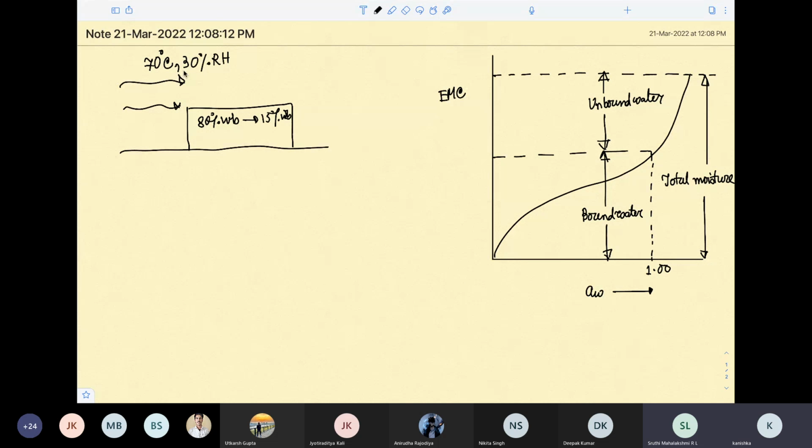See, if you have 30% RH, I am taking this example, so the water activity of the food, let's say it will be 0.3, let's say 0.2, 0.3, something like that. There are graduations.